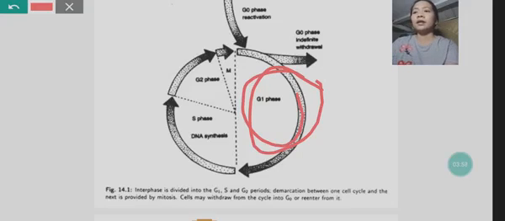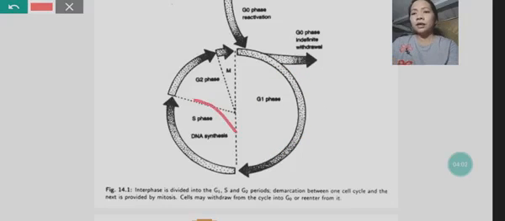Okay, and then the S phase is the phase during which DNA synthesis takes place. And then here the G2 phase, or the second growth period.